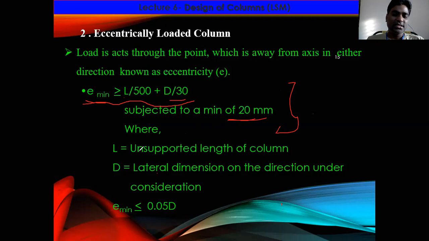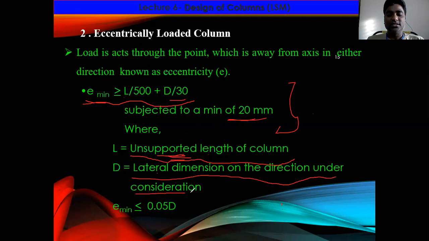So here L is the unsupported length of the column. We will discuss what the unsupported length of the column is. D is the lateral dimension in the direction under consideration, right? And this is important: e minimum should be less than or equal to 0.05 D, where D is the lateral dimension.